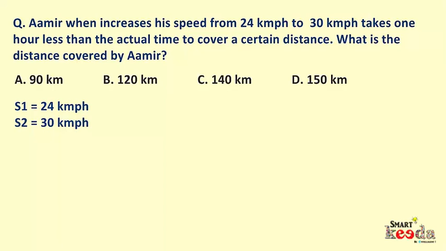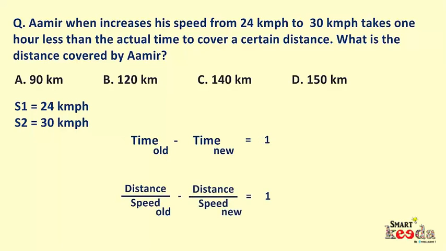Therefore, we can write the equation as time old minus time new is equal to 1, and we can further write the equation as distance upon speed old minus distance upon speed new is equal to 1. On putting the values, we get distance upon 24 minus distance upon 30 is equal to 1.